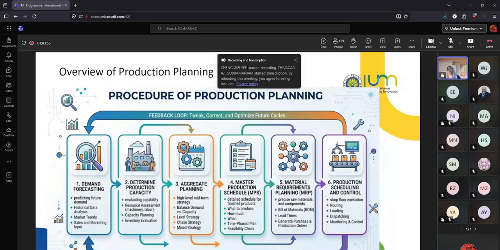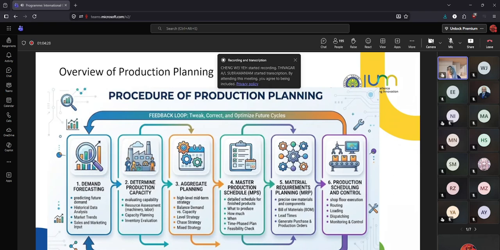And if we have already exploded our plan into more detail in MRP, then we can continue into the production schedule and control. It is the time when we execute on the shop floor, we do the routing, determine the flow of the product, and also do the loading and dispatching of the production process.